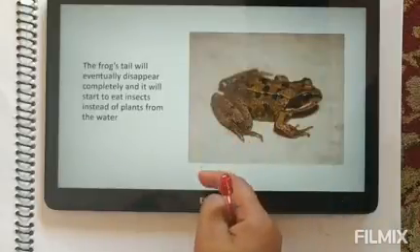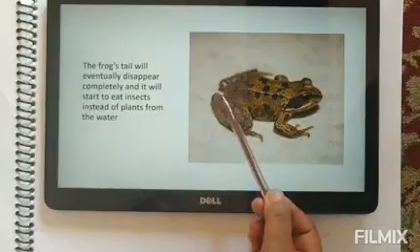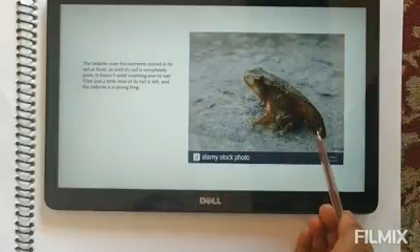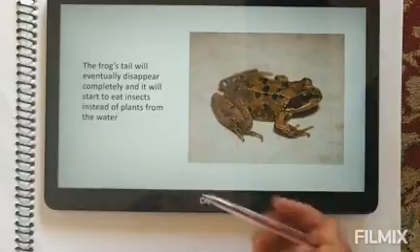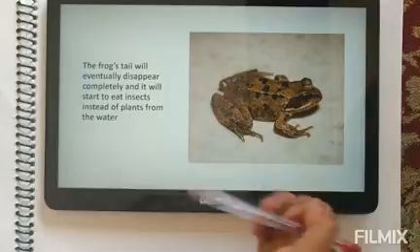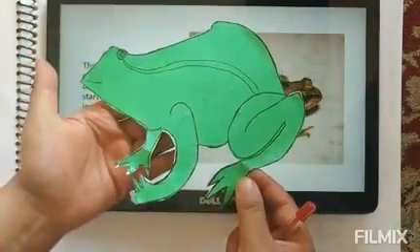Okay, and see, slowly what will happen, this tail will disappear. Okay, it will shrink and it will become a frog, a real frog.